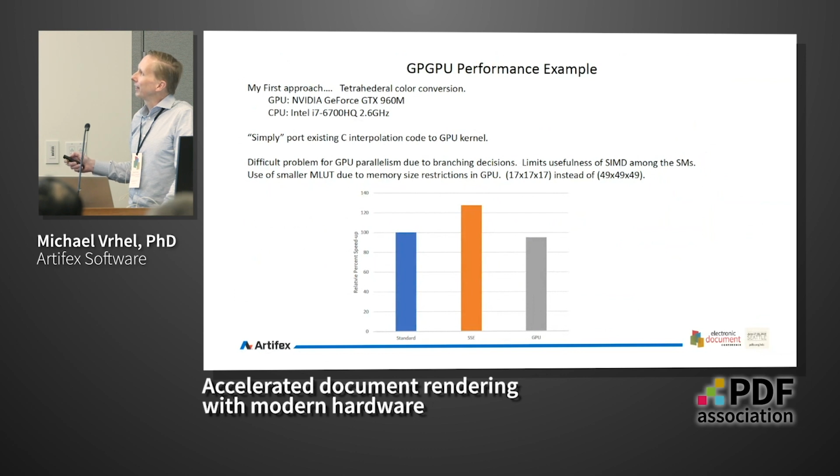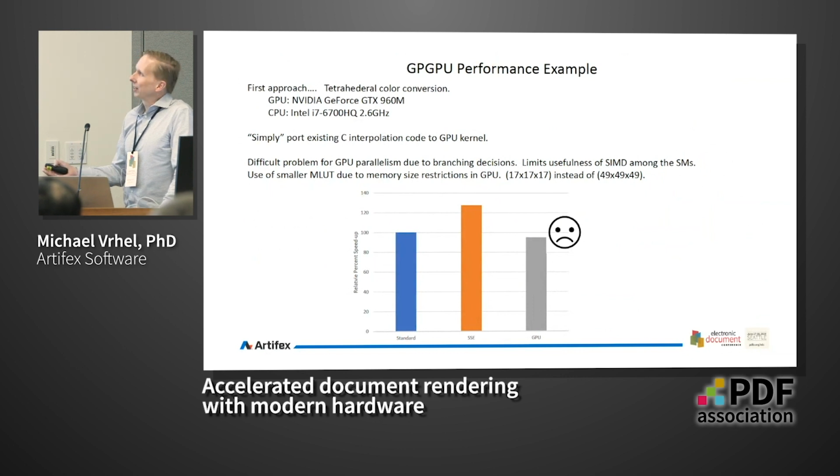Those do not fit in the GPU memory, so I had to use a smaller size table. But in any event, if I look at the standard C implementation and I scale that to 100%, the SSE version was running up here, and unfortunately my GPU implementation actually ran slower than the standard C.